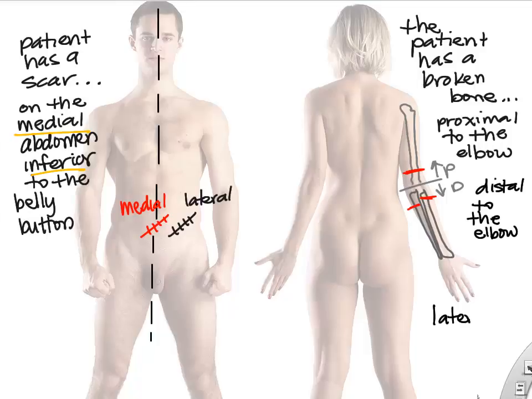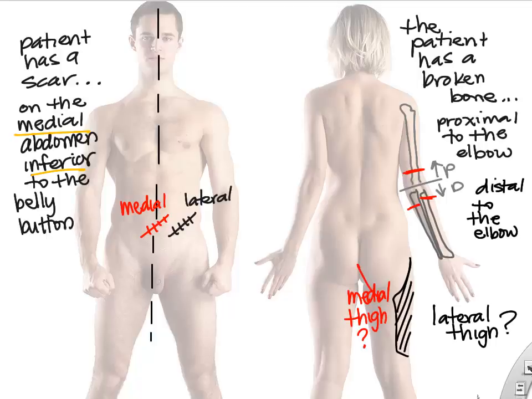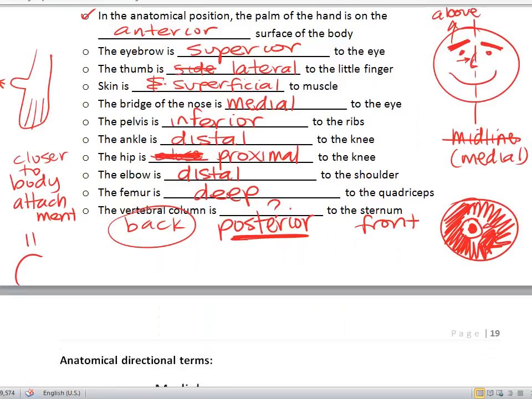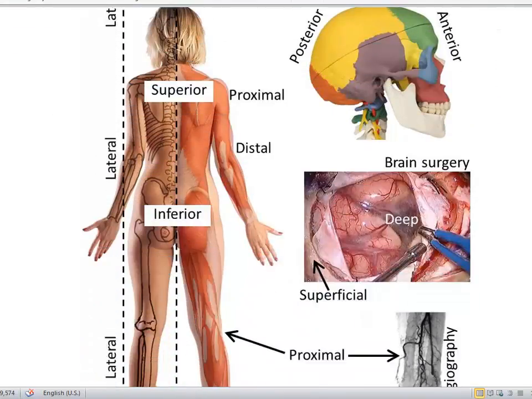Sometimes they'll actually give you distances, 1 inch or 10 centimeters. What about if someone says on your lateral thigh? Well, that's going to be towards the side versus the medial thigh will be towards the midline. Doesn't really mean middle. Medial means towards the midline. Again, superior, inferior. Superior tends to mean above, inferior below.